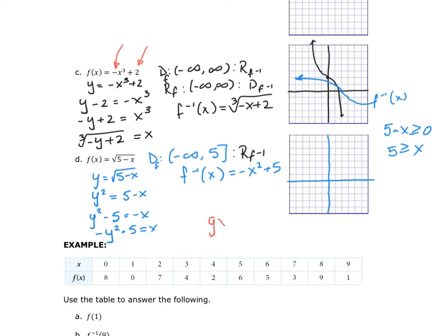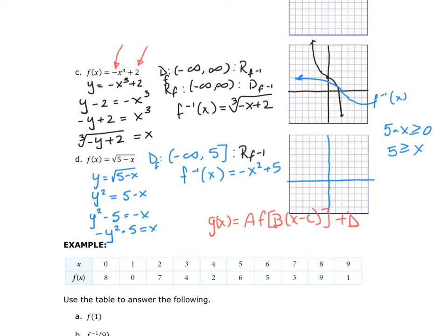Remember, I want g of x to equal a f of b of x minus c plus d. So what I need to do to make it in the correct form is put x first, and it needs to be positive. This is just a nice refresher for the transformations of graphs.